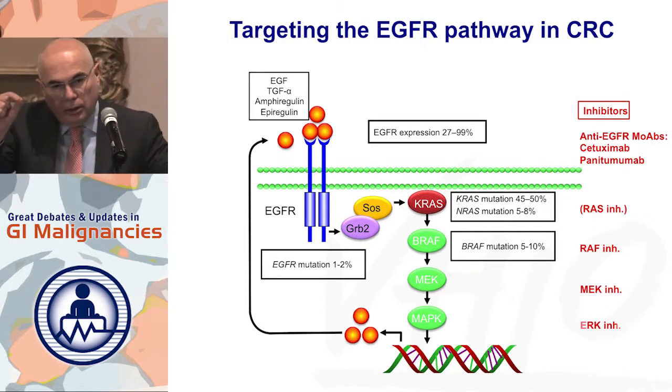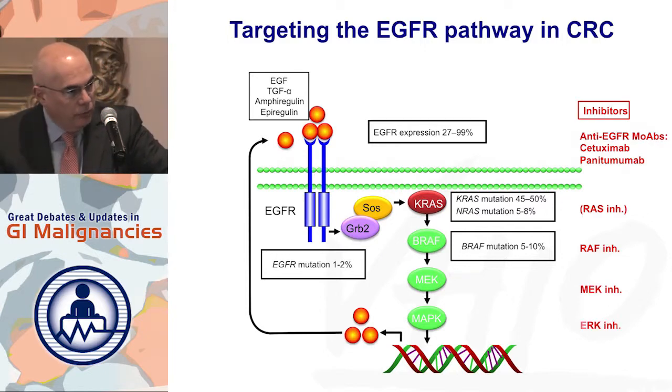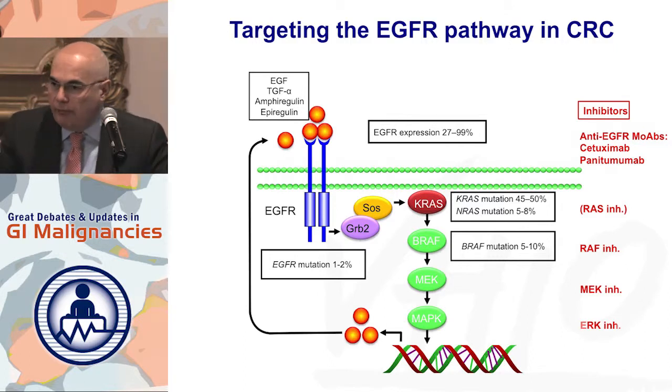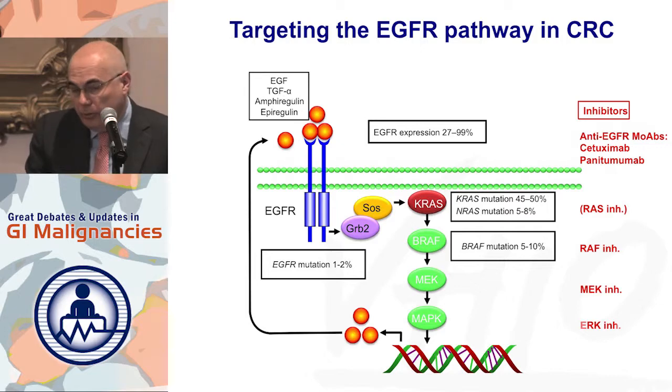And lots of new compounds targeting these downstream proteins, including RAF inhibitors, MEK inhibitors, even initially RAS inhibitors or ERK inhibitors have been combined with EGFR inhibitors in order to prevent these secondary or primary mechanisms of resistance.